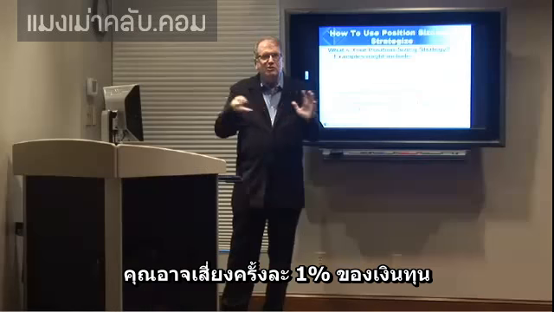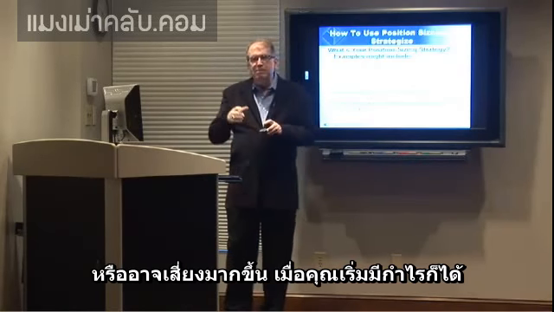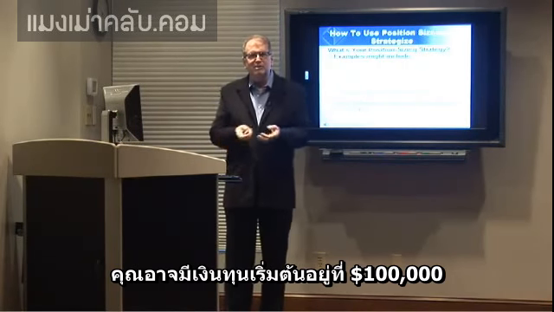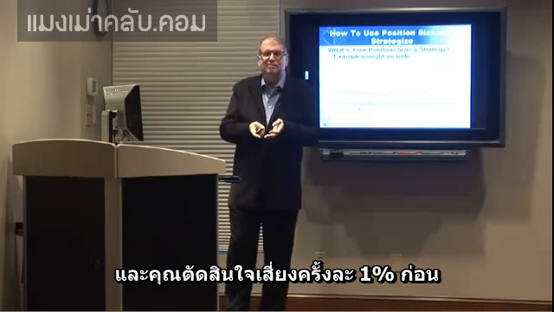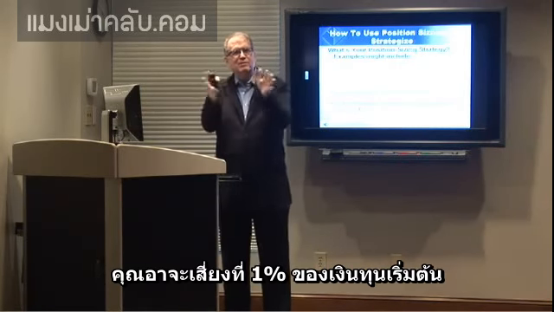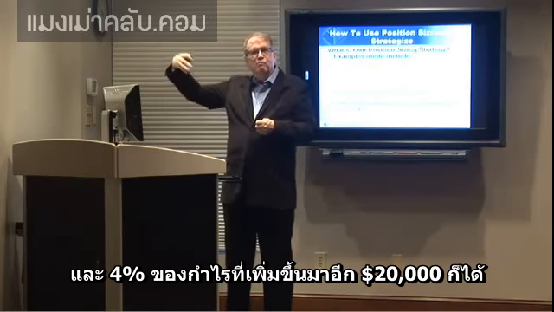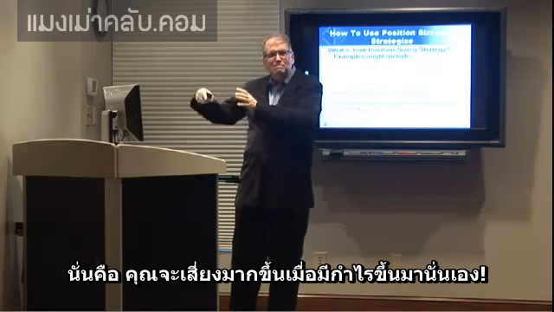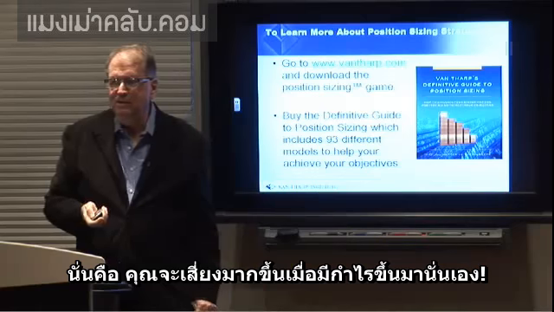You could risk a percentage of your equity plus a bigger percentage of your winnings. So initially you have $100,000, you're risking 1% of that. But now when you go up to $120,000, you're risking 1% of the 100 and maybe 4% of the $20,000 profit. So you're risking more as you get profits.